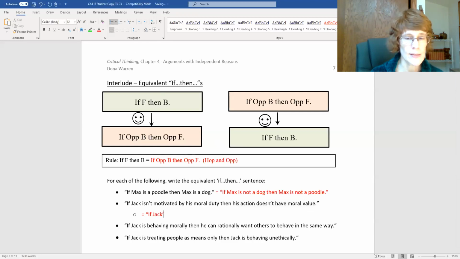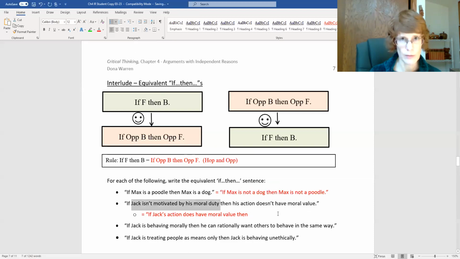If Jack's action does have moral value, then now the opposite of the front part is going to be the back part of the new conditional. Jack isn't motivated by his moral duty, so that would be Jack is motivated by his moral duty.